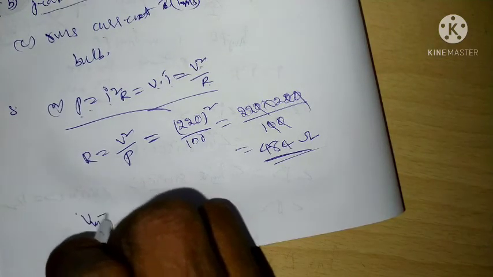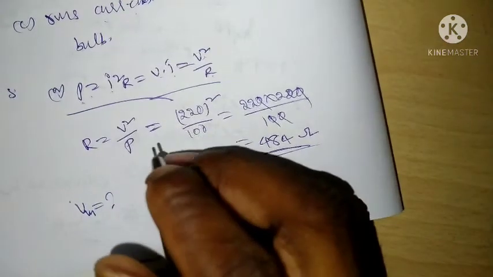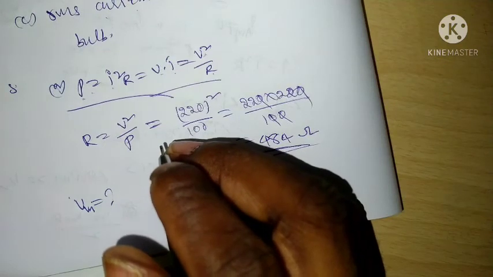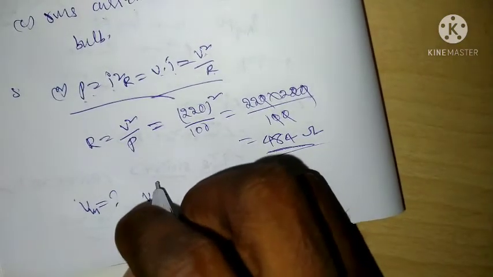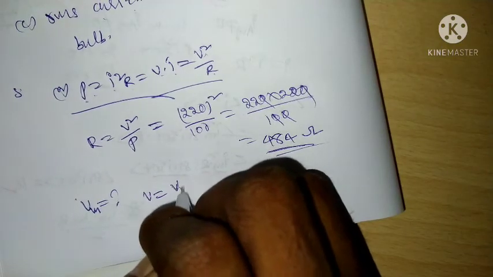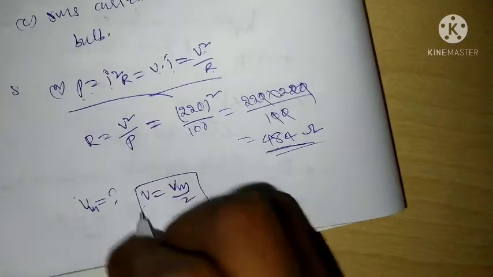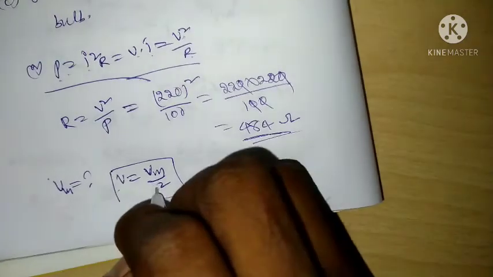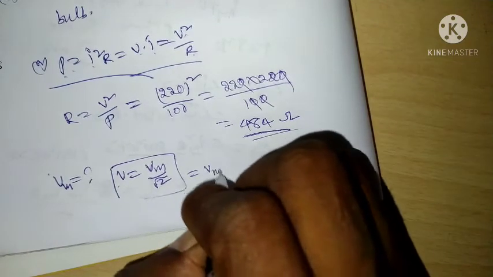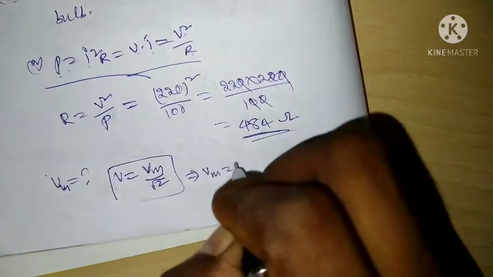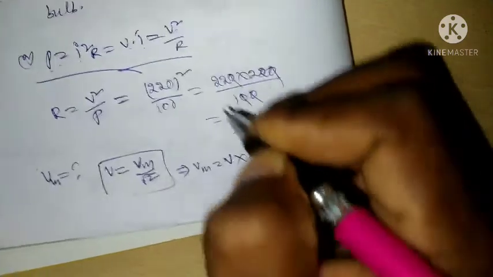Okay, next, what is the peak voltage, that is Vm? What is the formula? V RMS is equal to Vm by root 2. This is the relation. So Vm is equal to V into root 2.